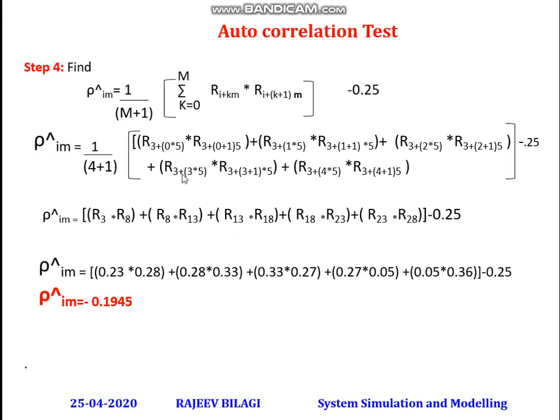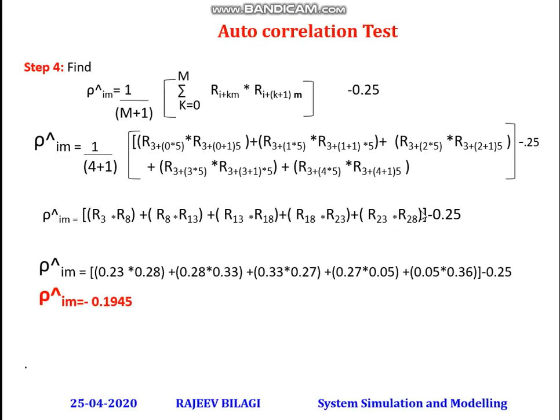So now R18 into R23 plus R23 into R28. Now if you substitute k is equal to 5, what will you get? R28 into R33. But the list of random numbers contains only 30, so I will stop there. Okay.